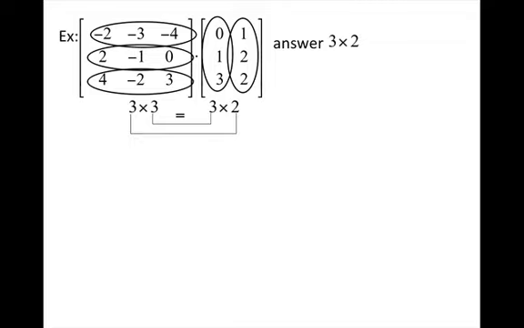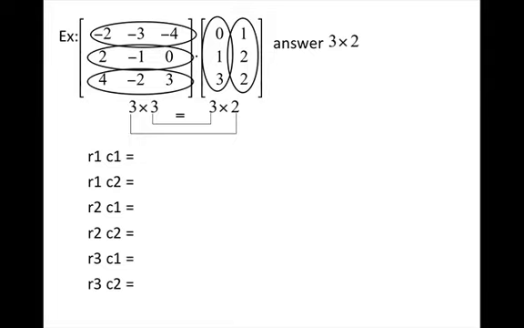So I'm just going to list out what I'm going to multiply. I'm going to multiply row 1 by column 1 and row 1 by column 2. Then I'm going to multiply row 2 by column 1 and row 2 by column 2. And finally, I'm going to multiply row 3 by column 1 and row 3 by column 2.